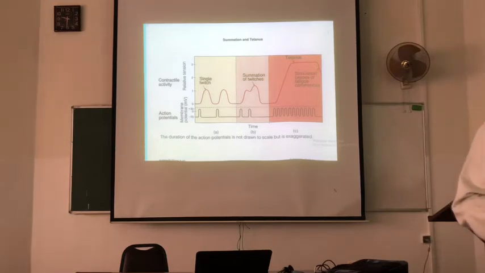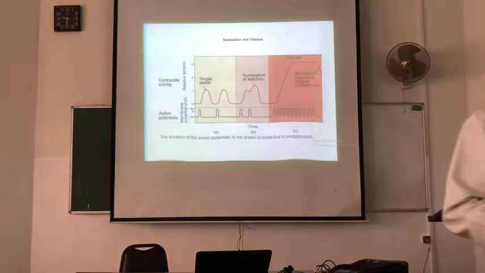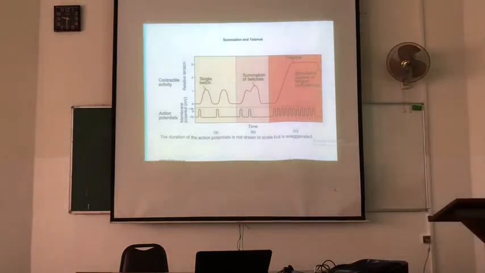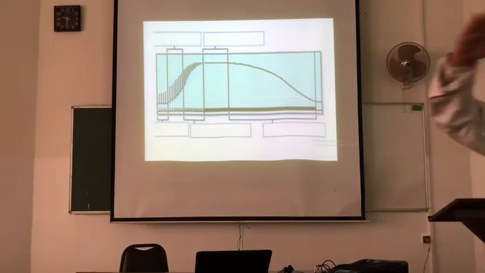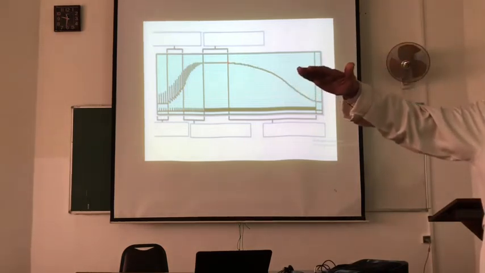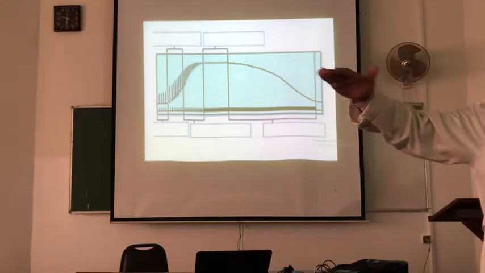Okay, what are we calling this phenomenon? Tetanization. Okay? That's tetanization, if you have many stimuli coming one after another. You can get contraction without any relaxation in this case.